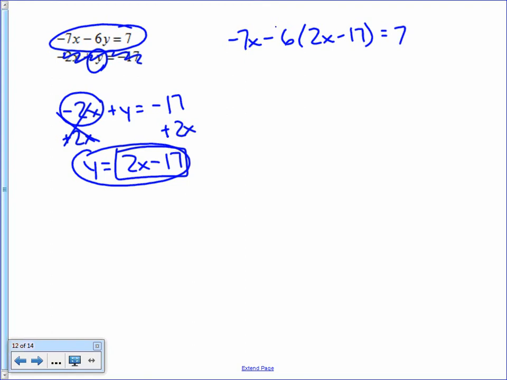And once again, we got to solve for x, so let's distribute that negative 6 through. So negative 7x minus 12x, 17 times 6, quick little 42, give me a 102. So plus 102, that equals 7.